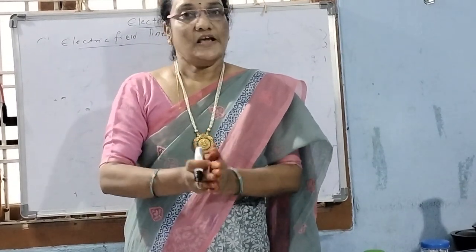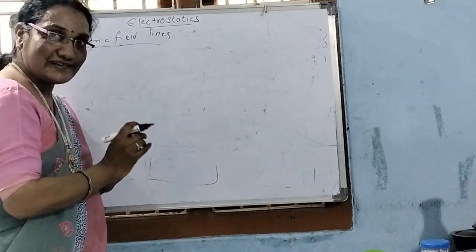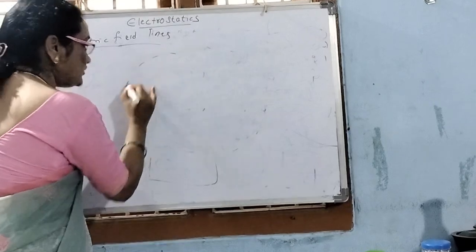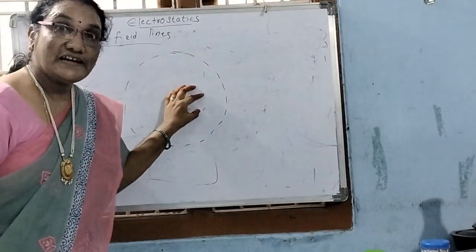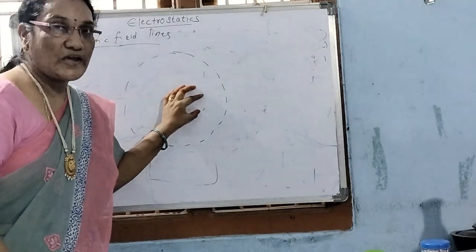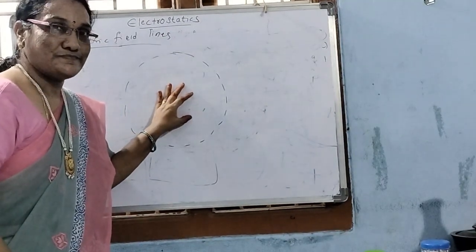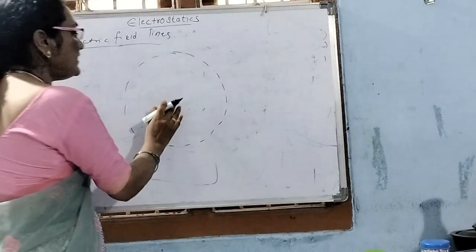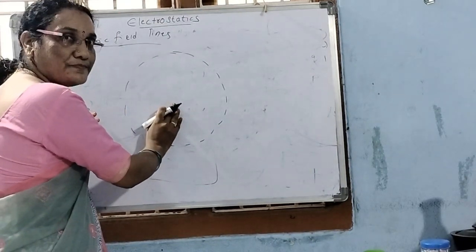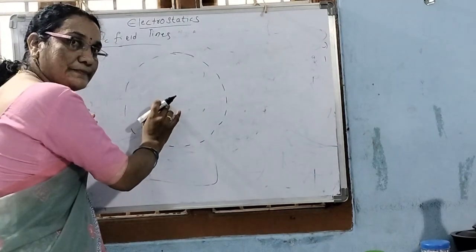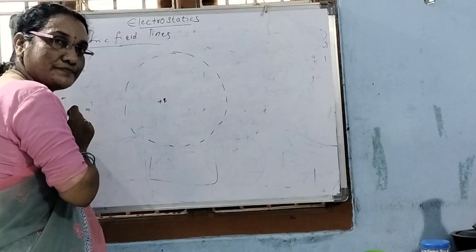Okay. So now let us consider such an electric field. This circle shows the electric field, the effect of the positive charge. Now in this uniform electric field, I am considering a positive charge.